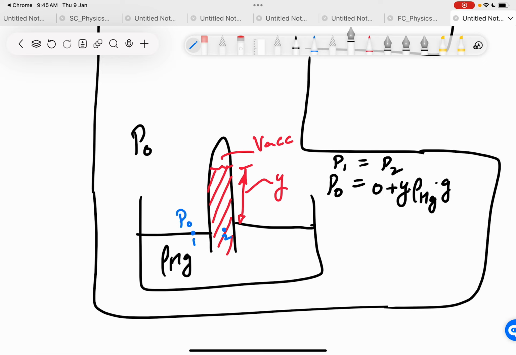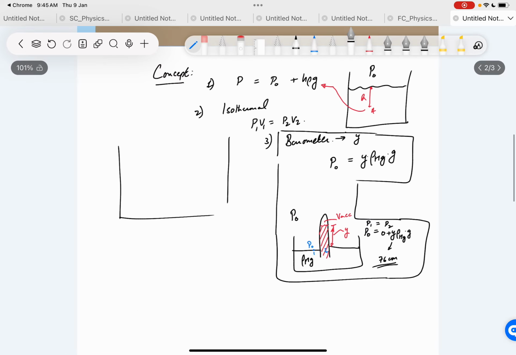Normally this comes out to be 76 centimeter, but if it is not given, then you just use y. These three concepts we'll be using for our problem.